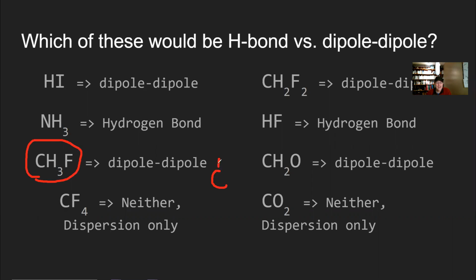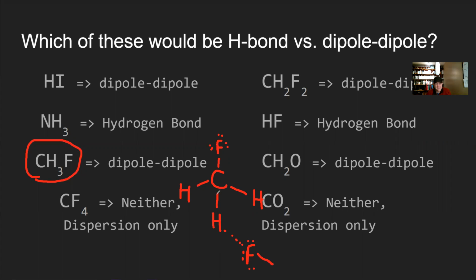However, if you were to look at the overall structure, while you have the fluorine able to form the strong negative dipole, the hydrogens on this molecule are not attached covalently to an N, O, or F. So if I had a second fluorine, attached to a different molecule, and I won't draw the rest of it, this attraction here would be a dipole-dipole attraction.